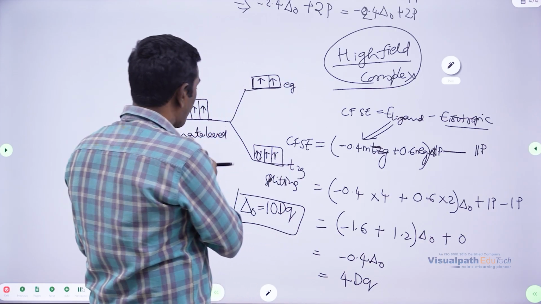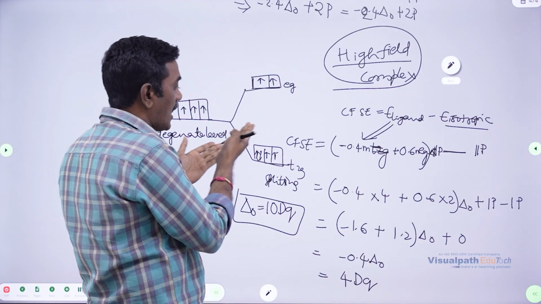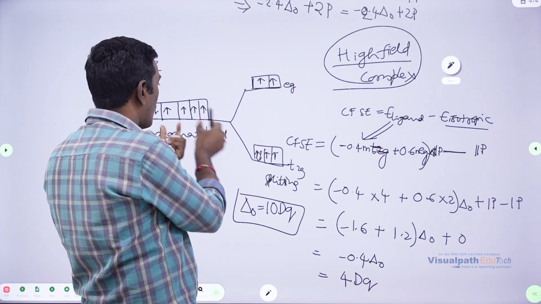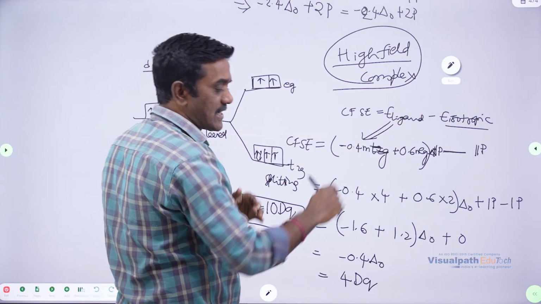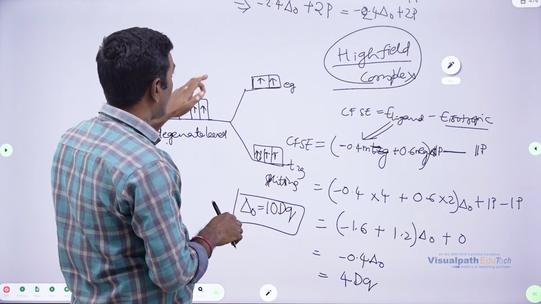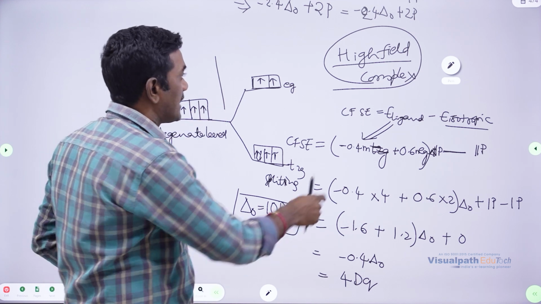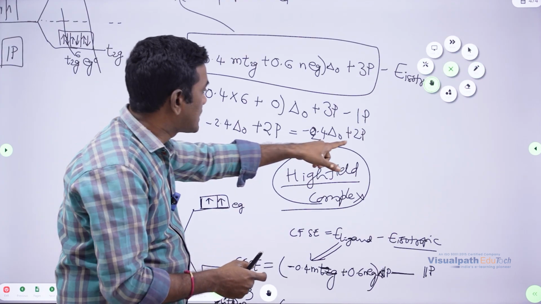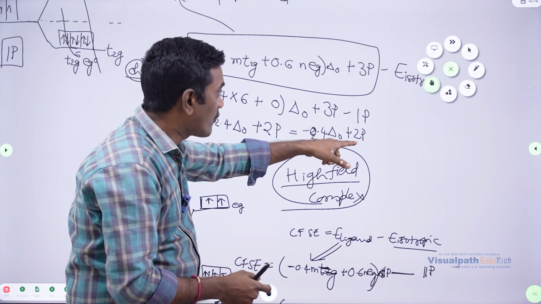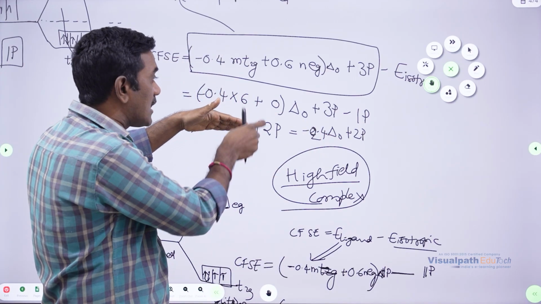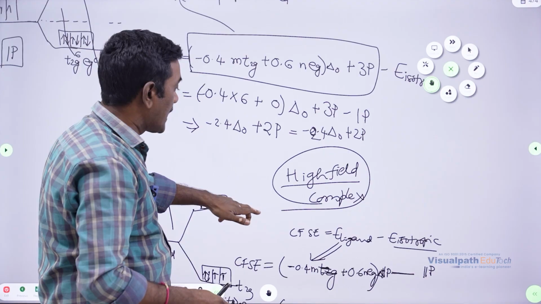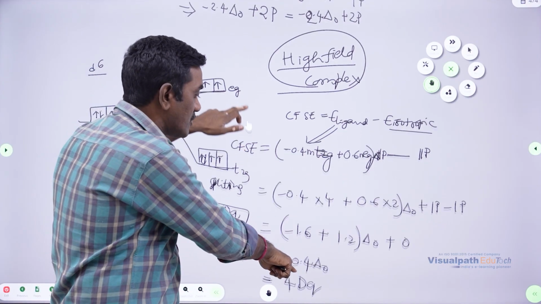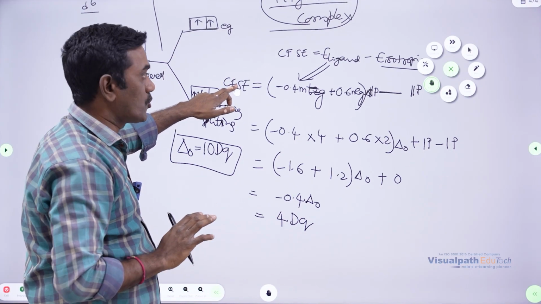Because at the degenerate level and after splitting also it has the same number of pairs, and so the pairing energy will get cancelled. In the case of the strong field complex, you can see pairing energy is there. Why? Because pairing energy will come as it is a low spin complex. In the high spin complex, the pairing energy will not be there. That is the point we have to note here.